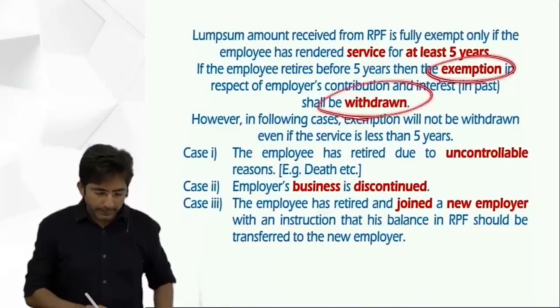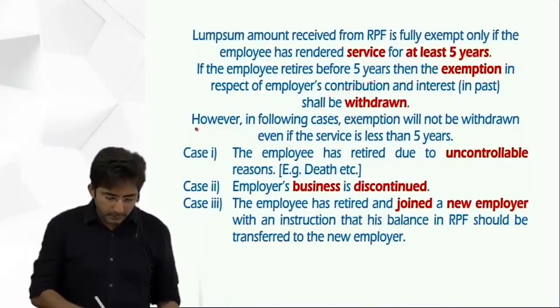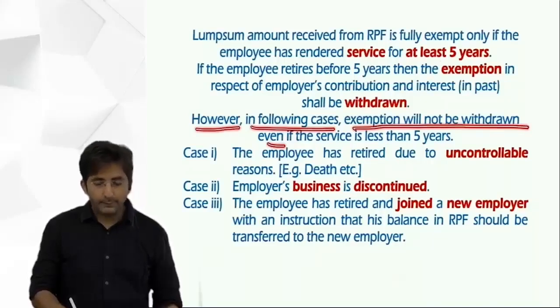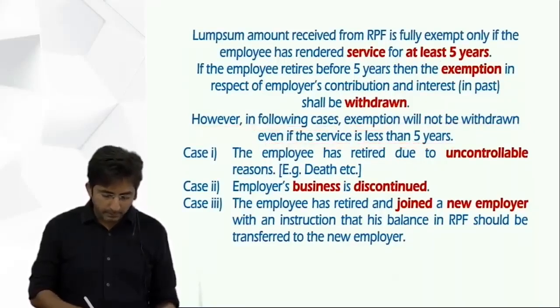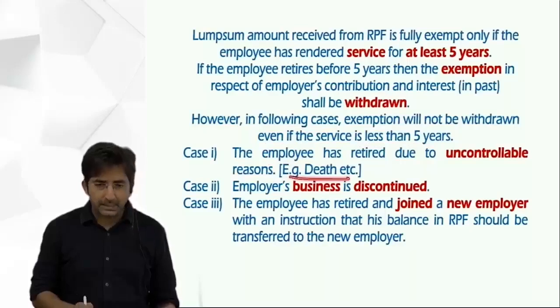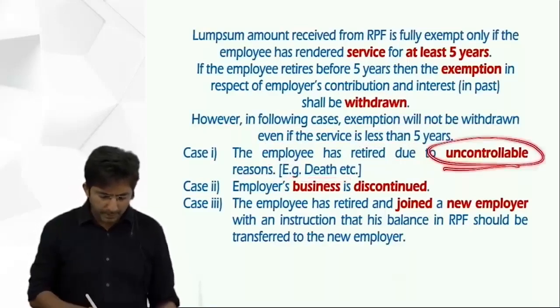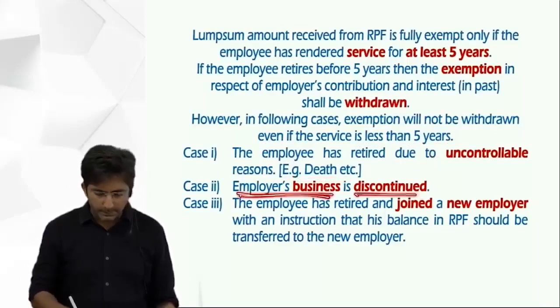Okay. Then exception. However, in following cases, exemption will not be withdrawn even if the service is less than 5 years. Case 1, employee has retired due to uncontrollable reasons. Example, death, etc., ill health, whatever. Uncontrollable reason. Then employer's business is discontinued.